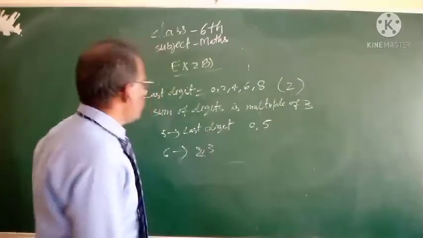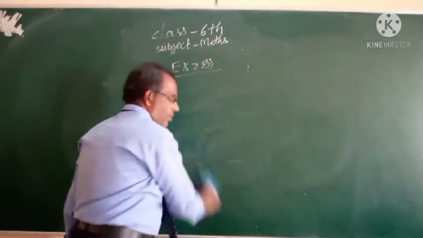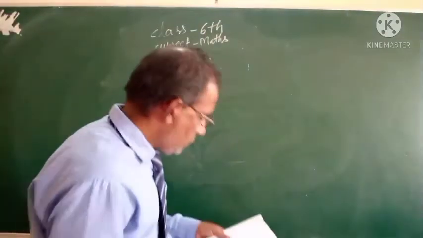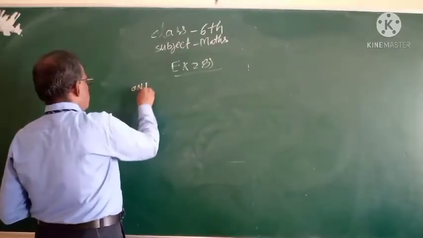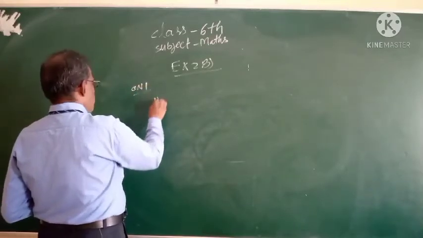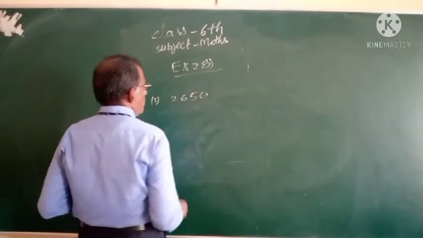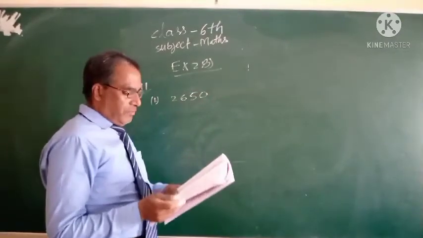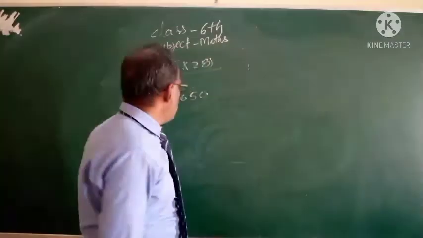Now we are solving the questions in your book. Question number 1. First, 2650. You have to check whether this number is divisible by 2 or not.